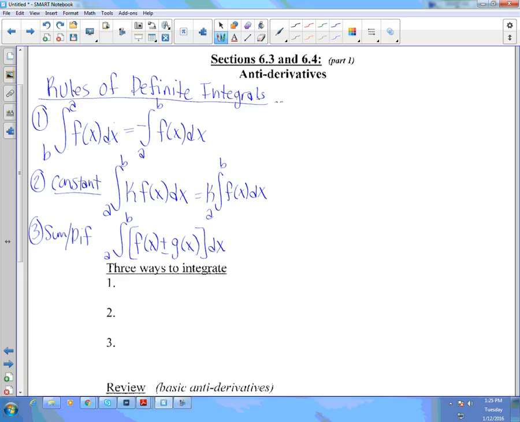So the dx is your width, and f of x plus g of x will be the length, or the height, of the rectangles. You can separate these into two separate integrations. So maybe it's easier to integrate f of x separately from A to B, and then integrate g of x separately. This also works for difference, so we're going to put plus or minus.